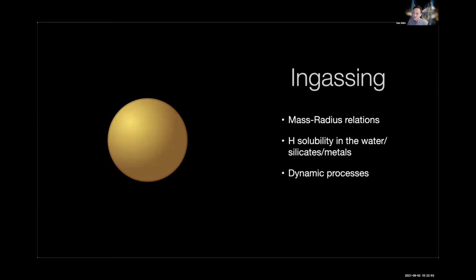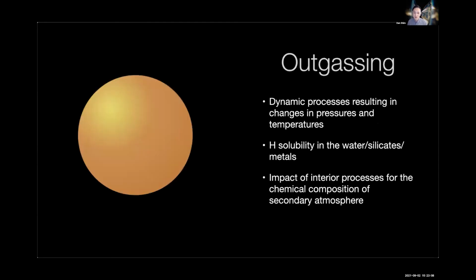And then there might be some dynamic process that keeps producing a situation of storing hydrogen and water as well. And this will certainly have a huge impact on mass-radius relations.